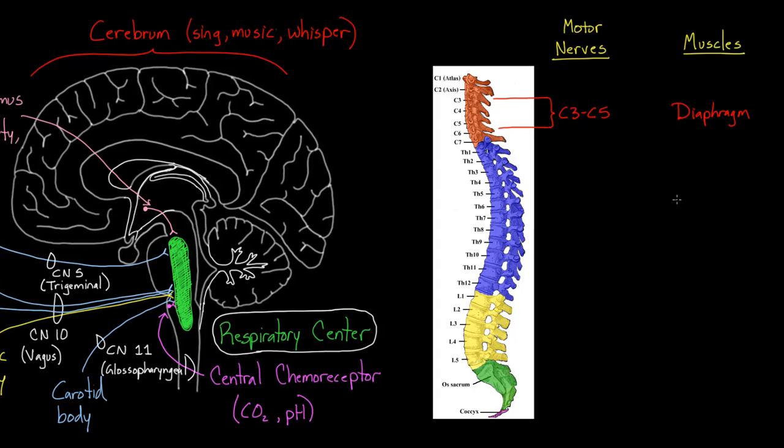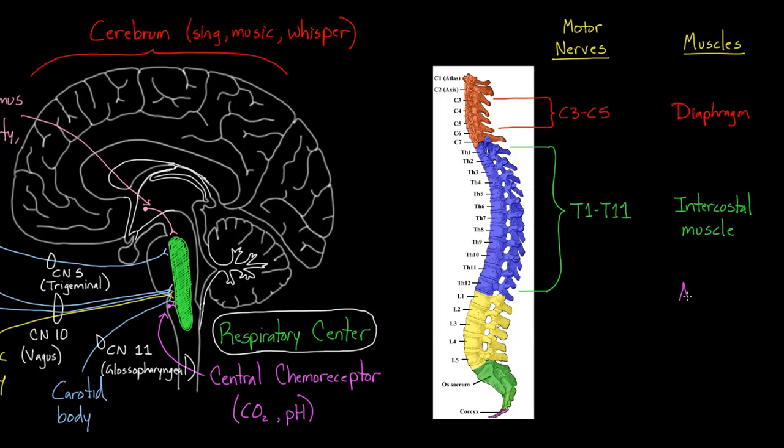The next set of muscles are the intercostal muscles. These are basically the muscles between the rib bones. And each intercostal muscle has a nerve that supplies it. And so the nerves are going to be the ones between T1 and T11. So this is another set of nerves that are going to be triggered by the respiratory center.